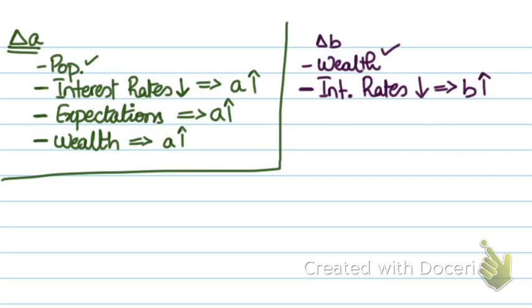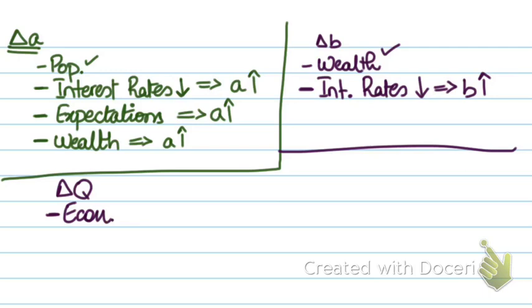And finally, let's talk about changes in transfer payments. Changes in transfer payments are basically because of the economic conditions of a country. Say the country is currently in a recession, which means there's higher unemployment.